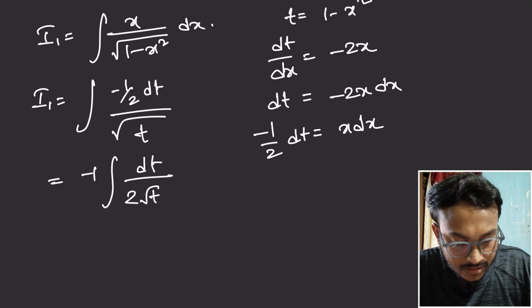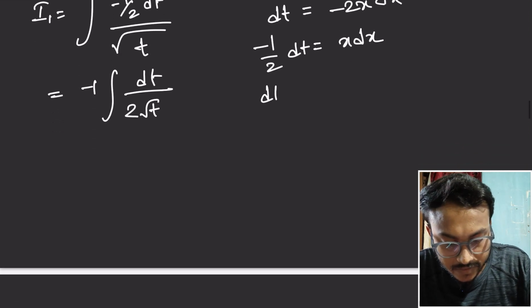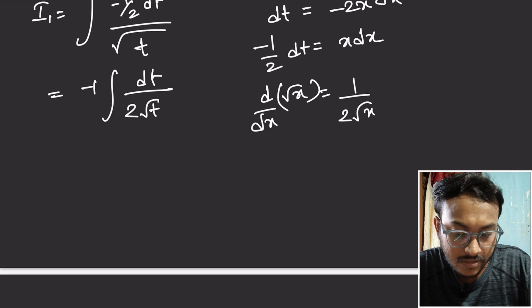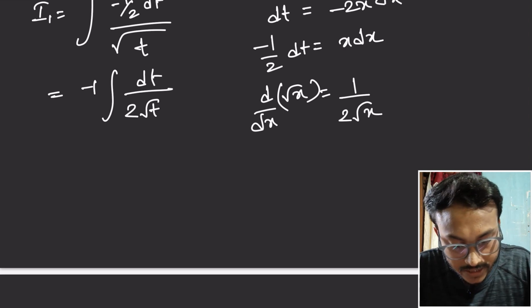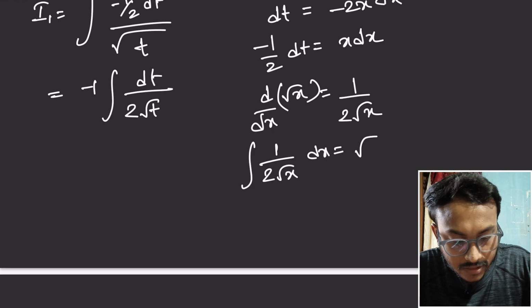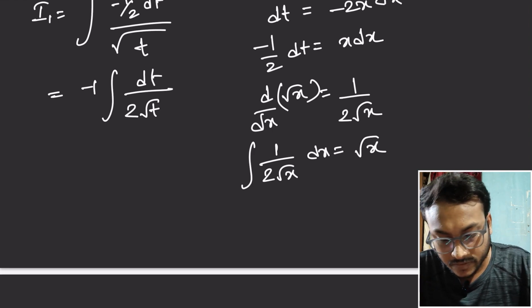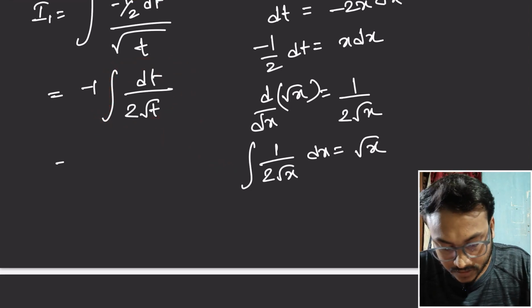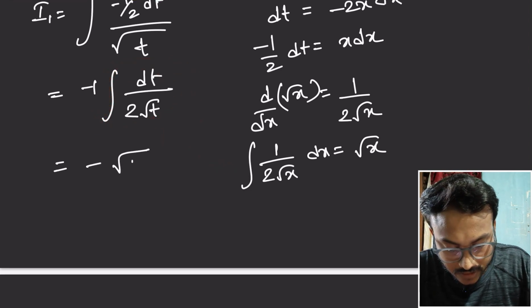So we know derivative of root x is 1 by 2 root x. So integration of 1 by 2 root x will be root x. Okay, so we can simply apply the formula here. So we will get minus root over t.